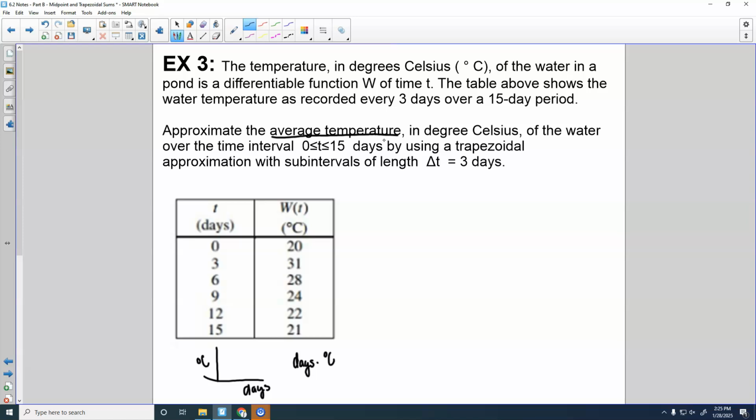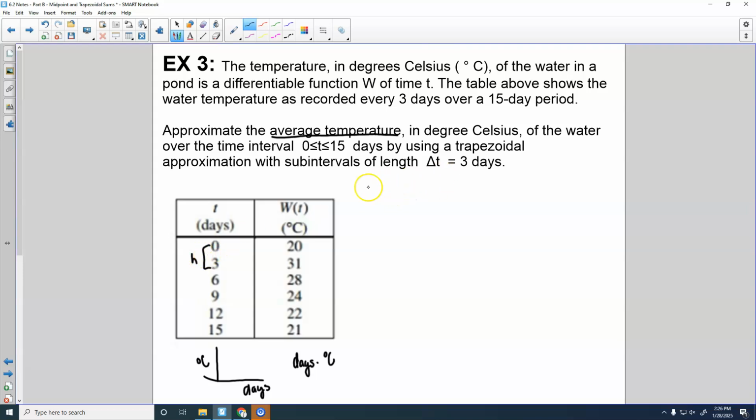So if I'm doing a trapezoid for all of these from a table, I can think about what the graph would look like. But from a table, what is the height of each trapezoid going to be? And really, we're thinking more width whenever we do that. It's going to be 3, right? This is your height right here.